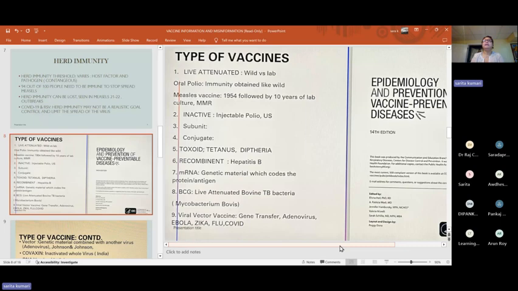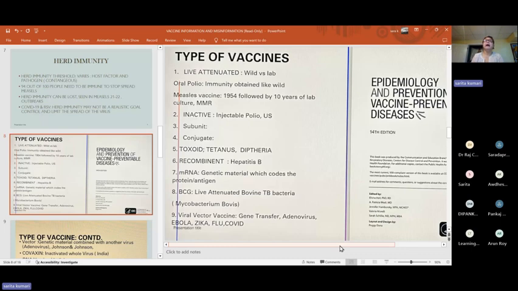For example, live attenuated means you take a virus or bacteria and weaken it in the lab, so it becomes an attenuated or weakened virus, but it is actually still live. Oral polio, which is given in India, is a live attenuated virus. So be clear that this is a live virus.